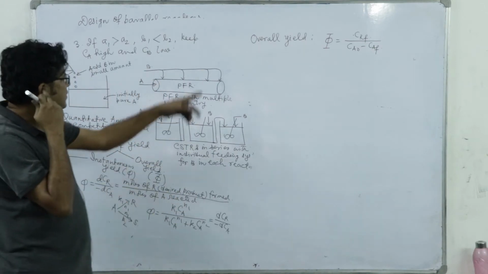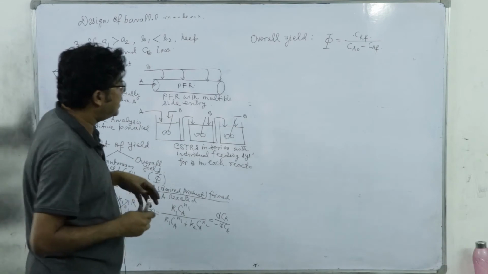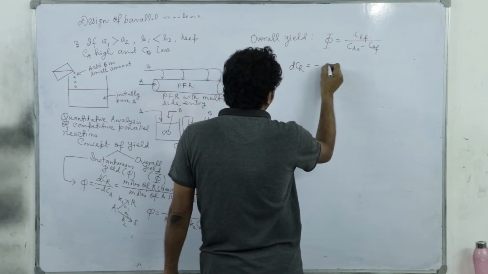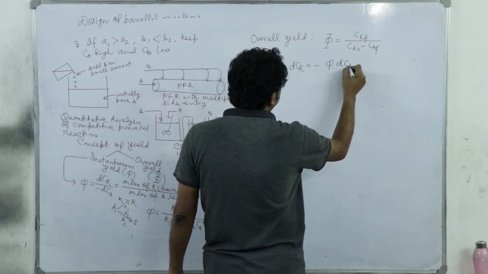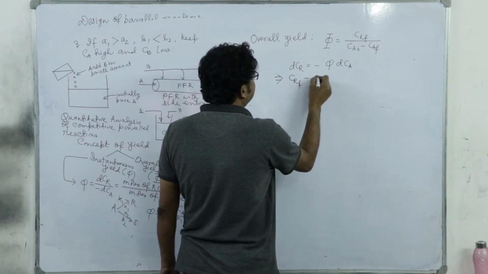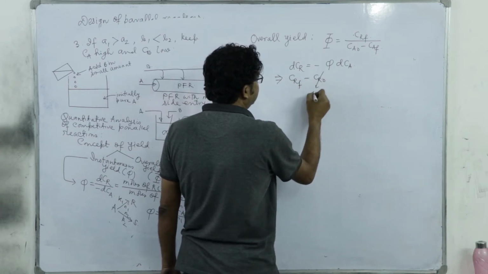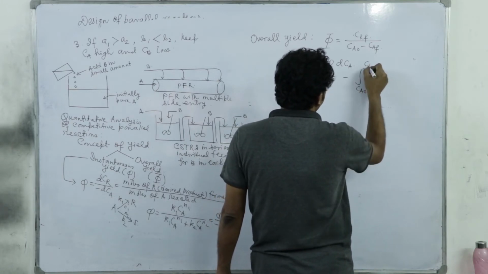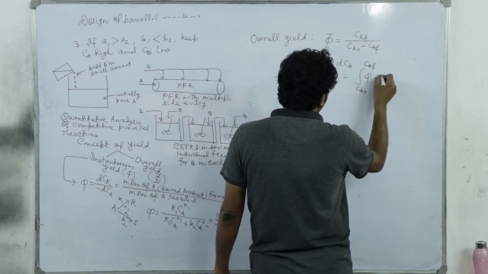So there is a relation between capital Phi and small phi. You see, dCr is equal to minus phi into dCA. So if I integrate, considering the initial amount of R is 0, then we get, from Ca0 to CAF, phi into dCA.